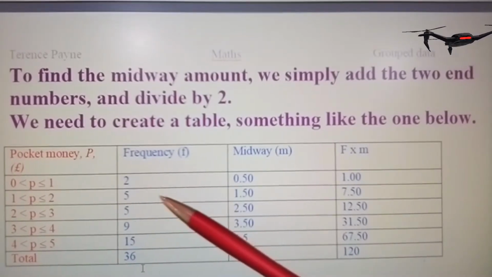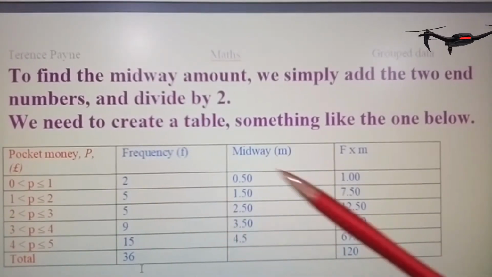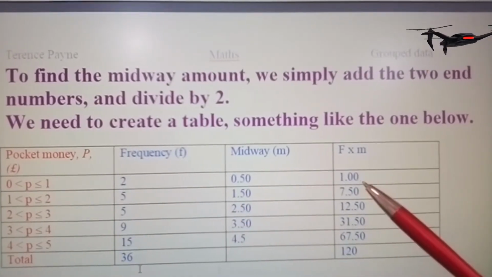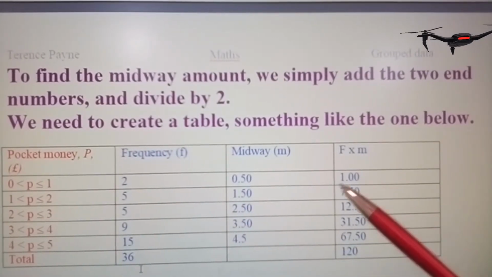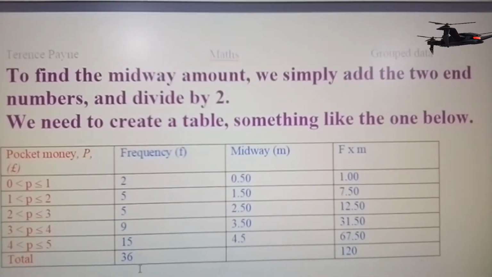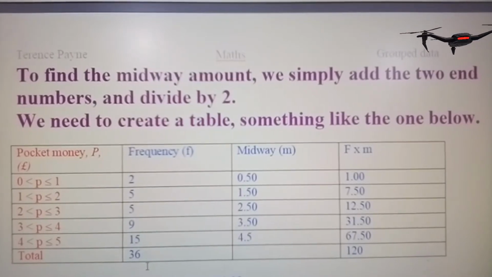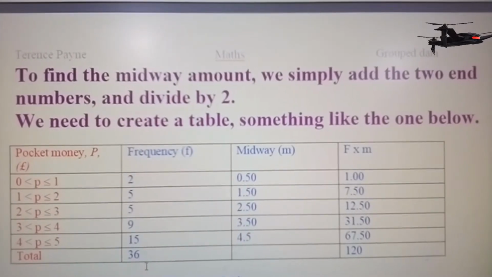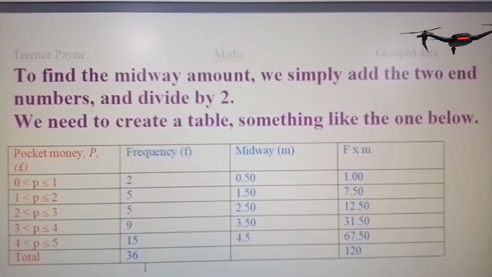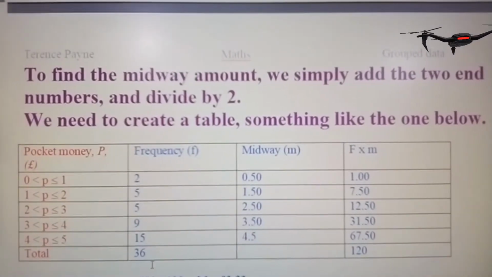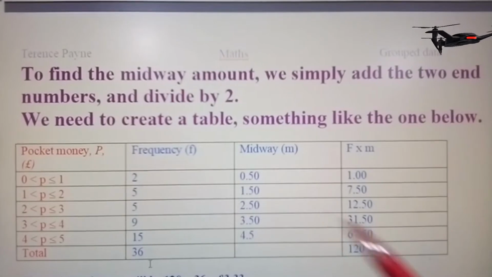And we then multiply that frequency f and midpoint m, f times m, that will then give us 1. Okay, that will then give us 1.